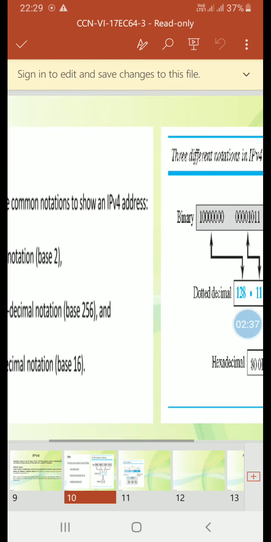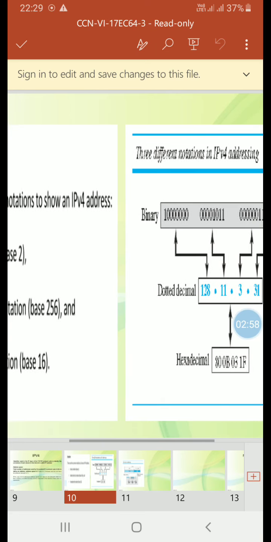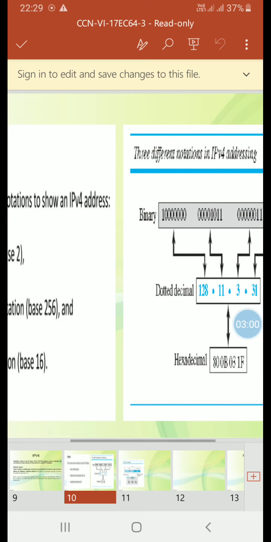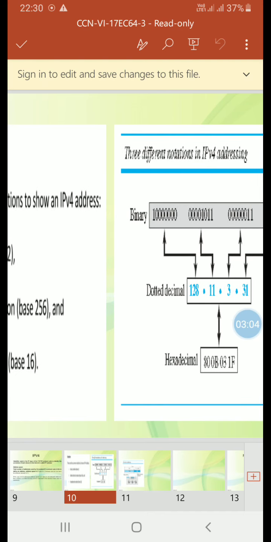Next we'll see about the notation. There are three common notations to show an IP version 4 address: binary, base 2; dotted decimal notation, base 256; and hexadecimal notation, base 16. Now we'll see about binary notation. In binary notation, an IP version 4 address is displayed as 32 bits.